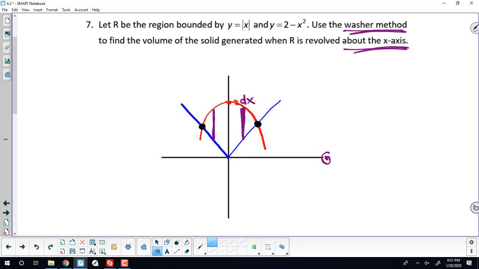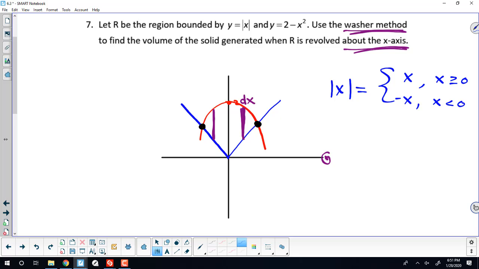The downside with dealing with the absolute value is there's always 2 pieces to it, right? One of them is x when x is larger than or equal to 0, and the other one is negative x. That's always the difficult thing with absolute values.